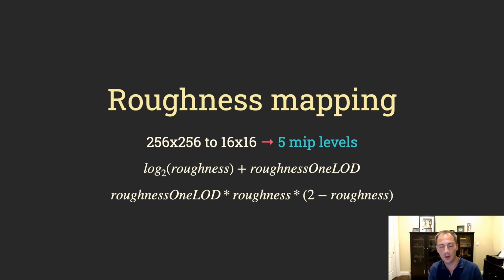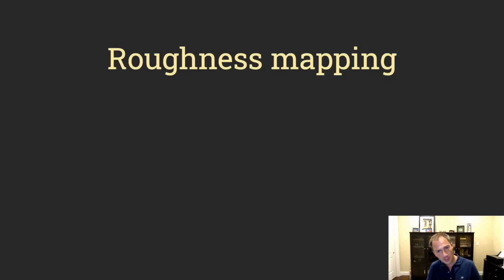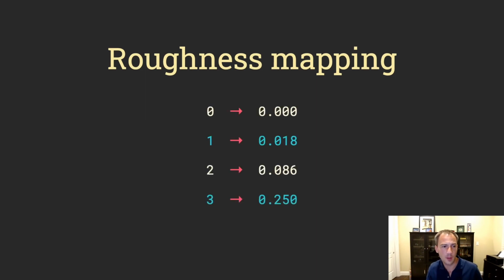This mapping works really well up to at least 9 MIP levels. So you can use it with higher resolution cube maps if you want. So in practice, this is how the mapping works. You can see that the first four levels map to roughness between 0 and 0.25. So this is where things are sharp, where we want to maximize resolution, especially since trilinear filtering of the cube map doesn't look that great.